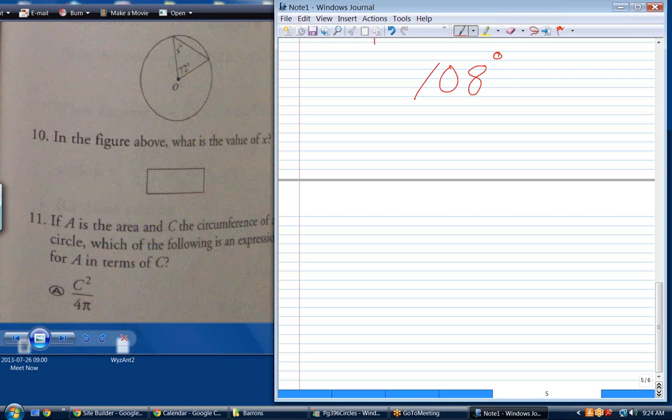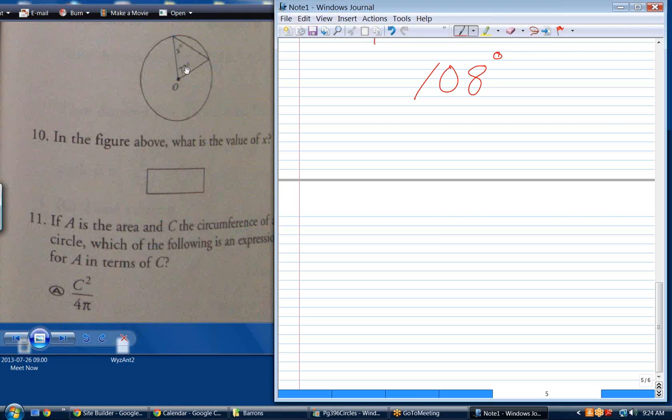What kind of triangle is that? I'm not sure. Isosceles, because all radii are equal. So the key part of this problem is recognizing that this radius right here has to equal this radius right there.